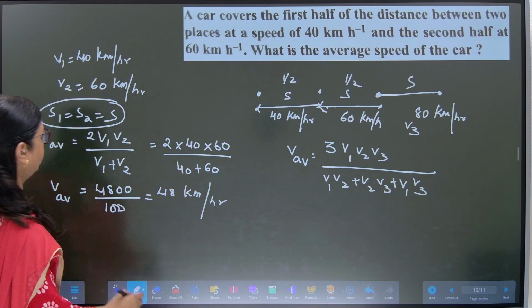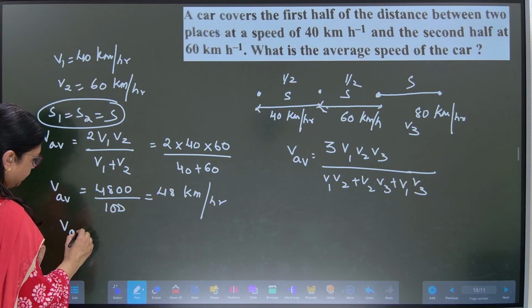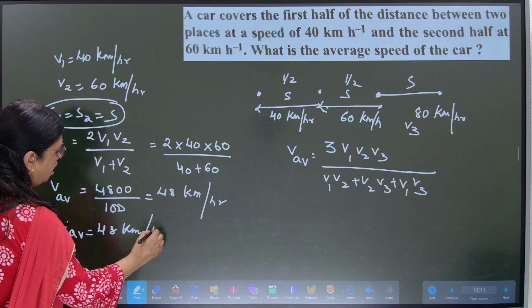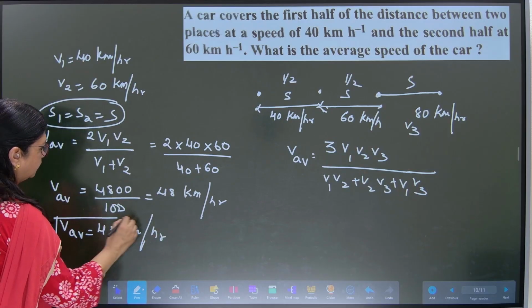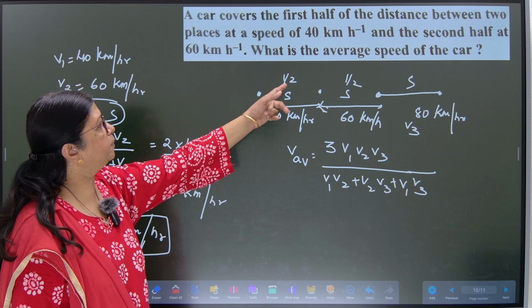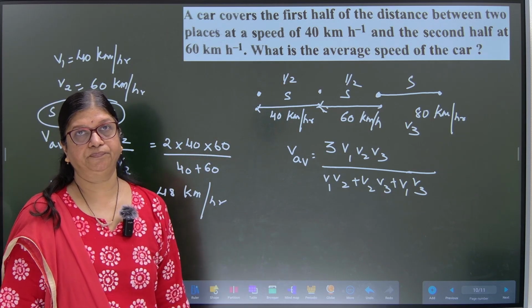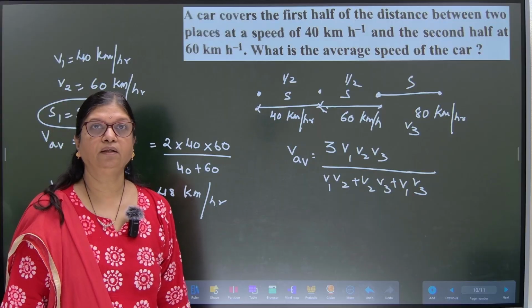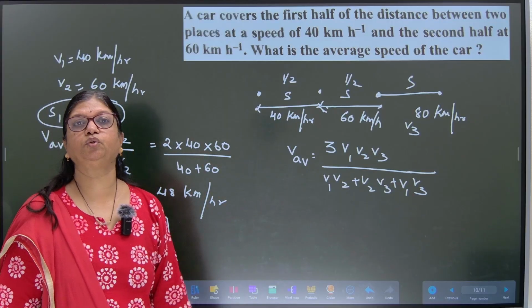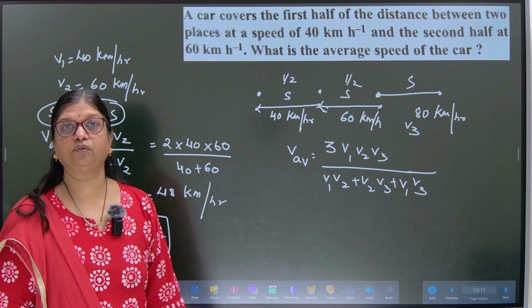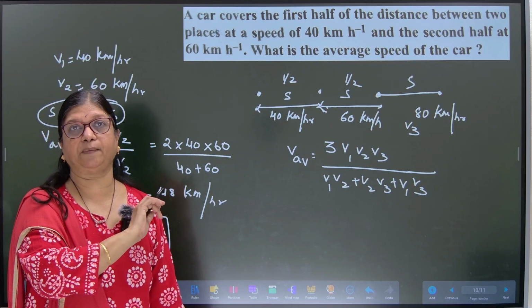Fine. So this is the final answer of the given question: 48 kilometers per hour is the average speed of the car in moving this distance. Okay. So I just move, you take a pic and understand what formula I have used for which concept.